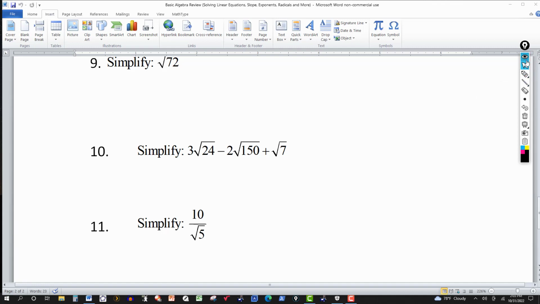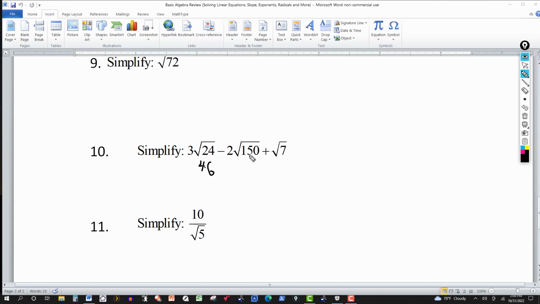So what you do is you try to simplify this. So here's for 24, you can say, well, 24 is 4 times 6. 4 is a perfect square. So you try to simplify this. You try to find all the factors that are perfect squares here that divide the 24.